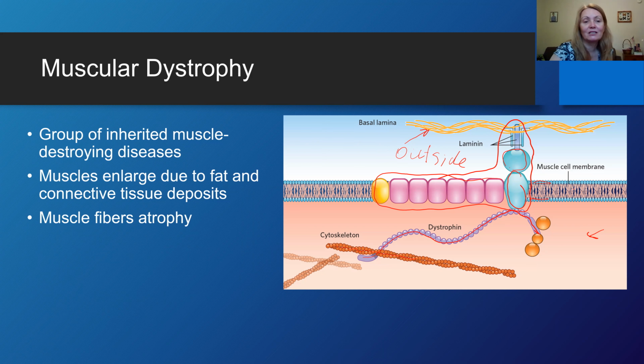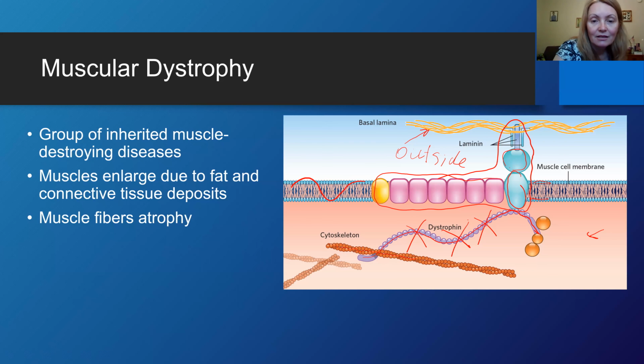Now, muscular dystrophy is an inherited disorder. That means there is some mutation within their genes, and dystrophin is not synthesized. So when they do not have dystrophin, you don't have anything to hold the cell membrane in place. Sooner or later, this membrane starts breaking apart, right?